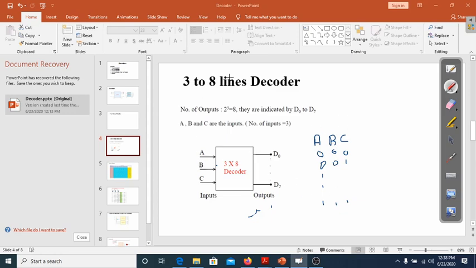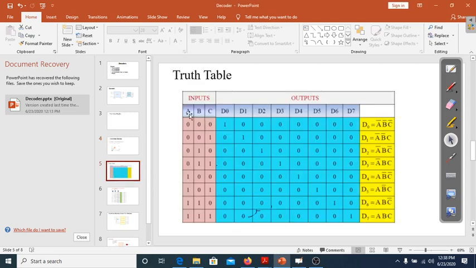Okay, let us talk about its truth table. This is the truth table for the 3 to 8 decoder. These are the inputs A, B, C. Start from 0, 0, 0, then 0, 0, 1, then 0, 1, 0, and so on up to 1, 1, 1. There are 8.